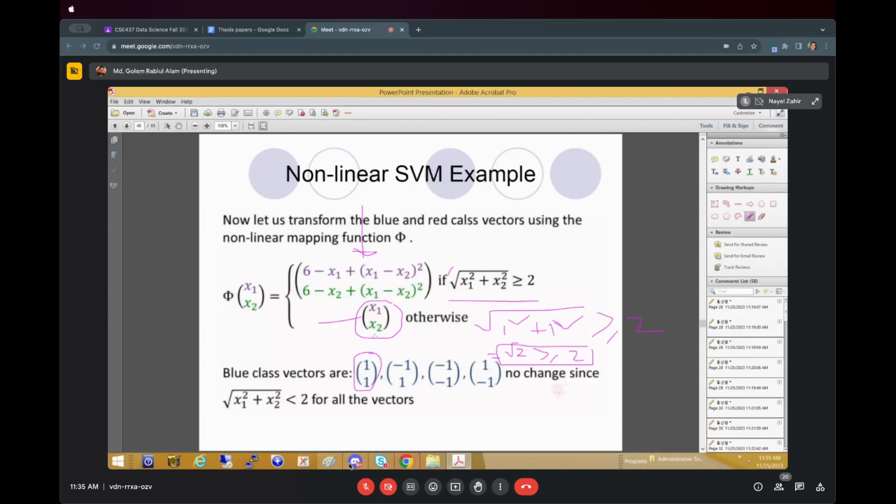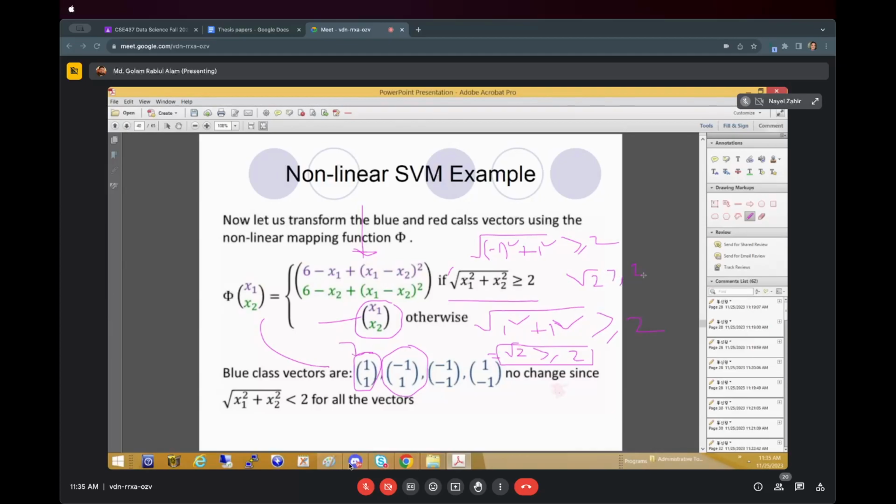So for the blue class vector 1 and 1, if we apply this mapping function, it will not change. Similarly, for this data point, the square root of minus 1 squared plus 1 squared is the square root of 2.